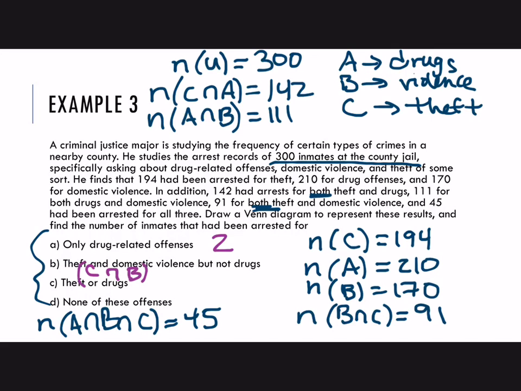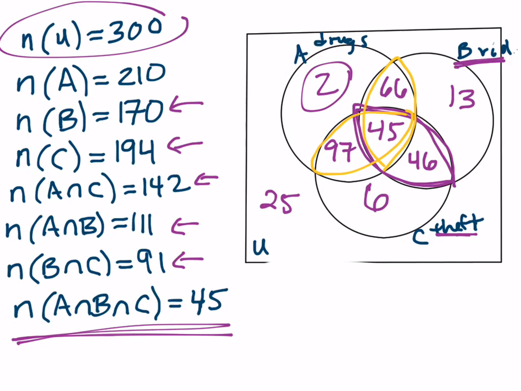But not drugs, so minus the people in A. So C intersected with B minus A. Looking at your Venn diagram, C intersected with B is here, and then not A, so we need to not include these 45 people because they also committed drug-related crimes. So C intersected with B minus A is this 46.